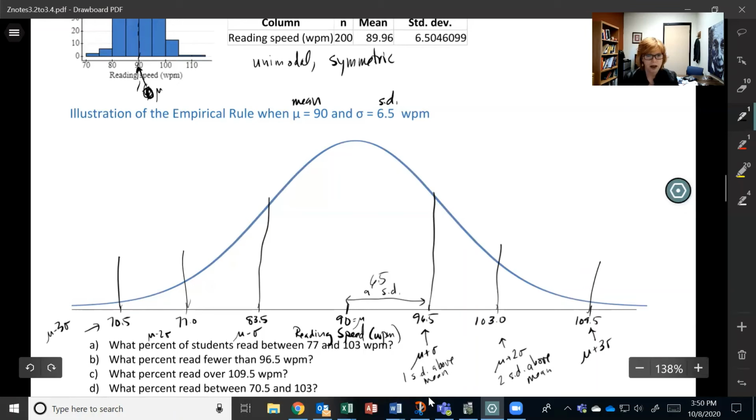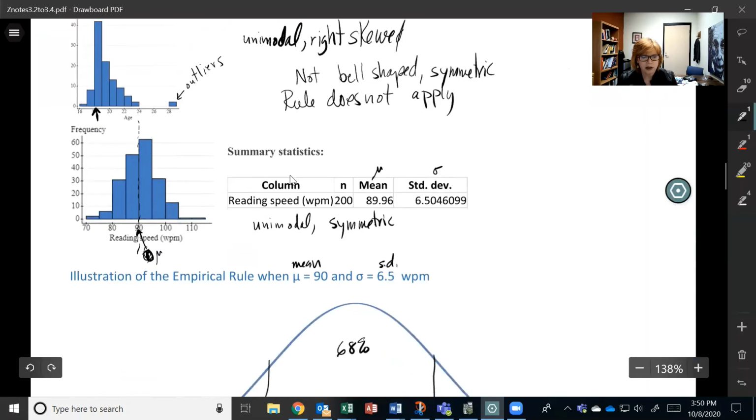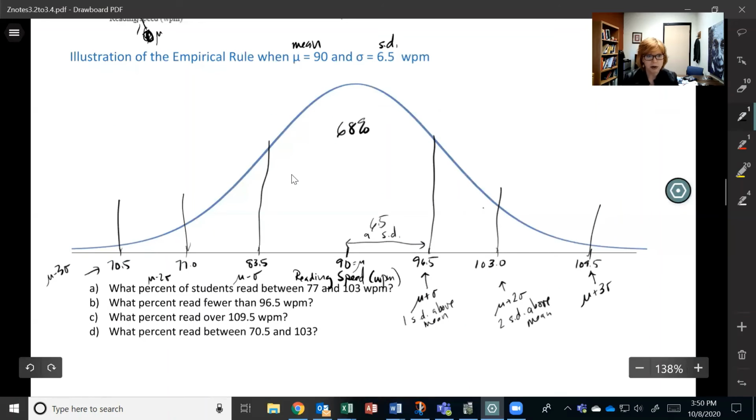I'm going to start at the top and write 68%. According to my rule, 68% of observations are within 1 standard deviation of the mean, so that's between here and here.